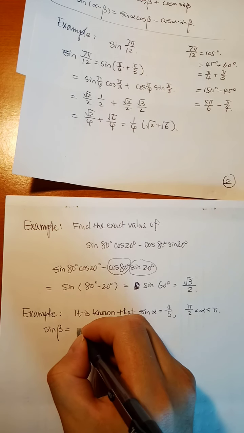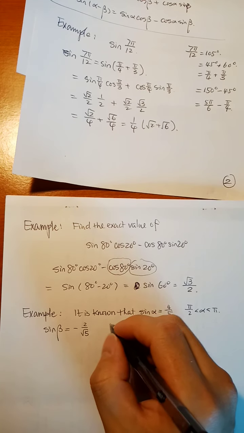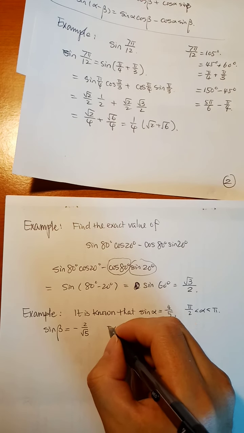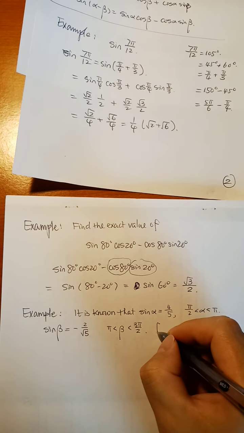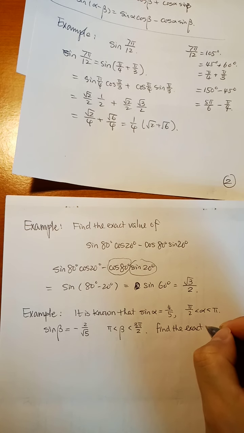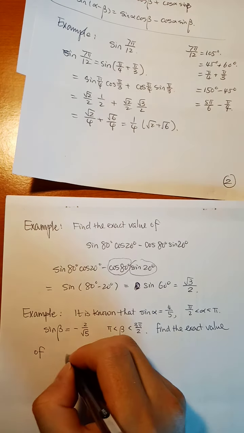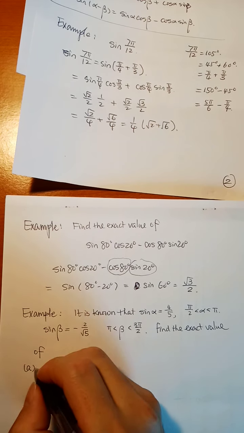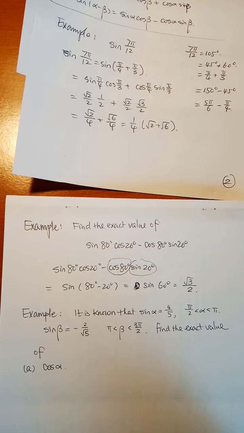Sine beta is -2/5, and beta is between pi and 3pi/2. Find the exact value of A, cosine alpha. Let's do it part by part.